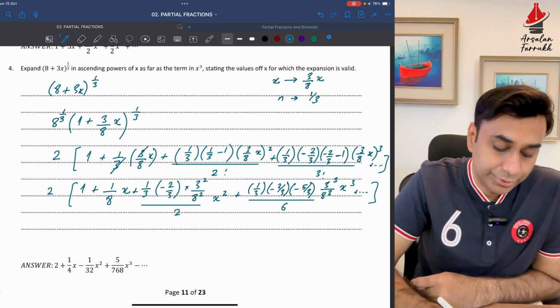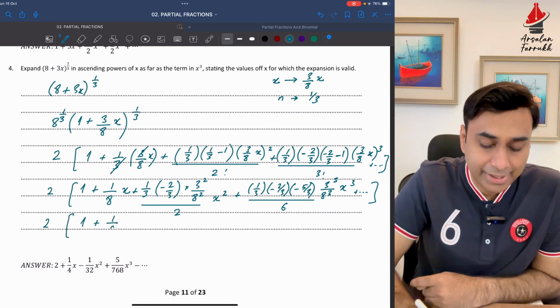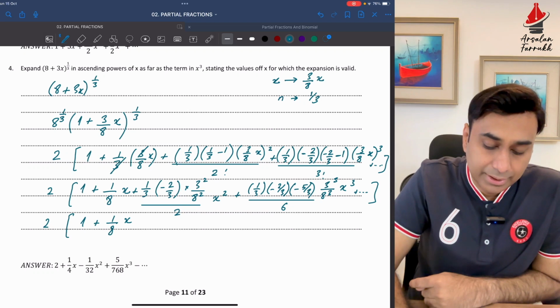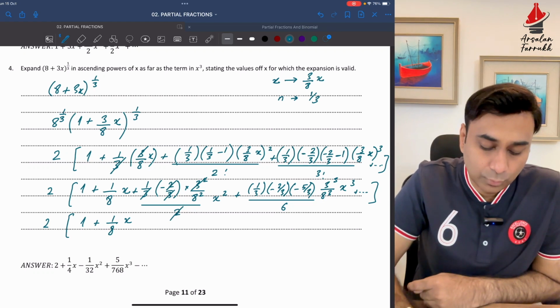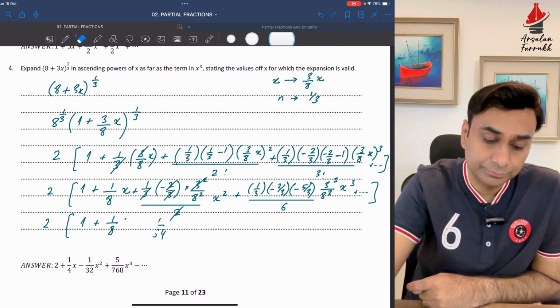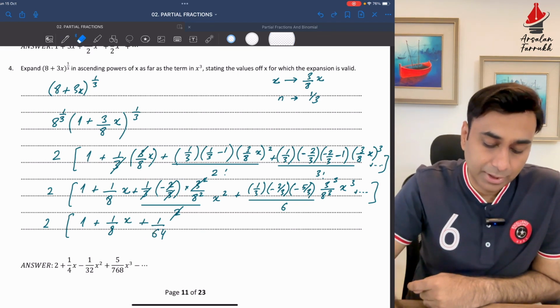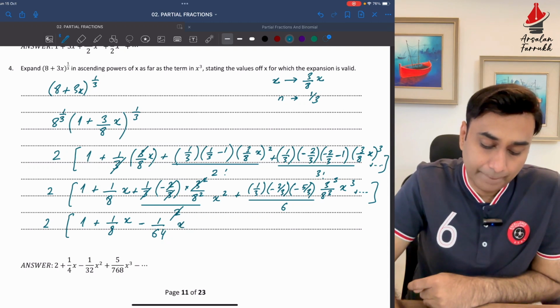I continue on over here. This is going to become 2 times 1 plus 1 over 8x. This 3 square cancels with this 3 and this 3. This 2 cancels with this 2. So this is going to become 1 upon 64 with the minus sign, x square.